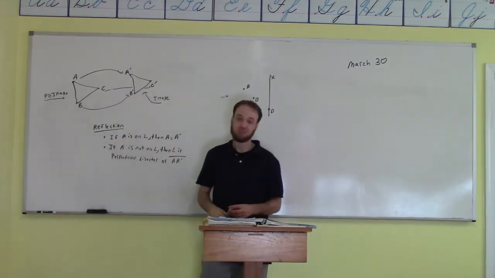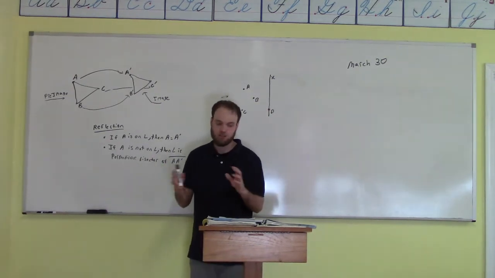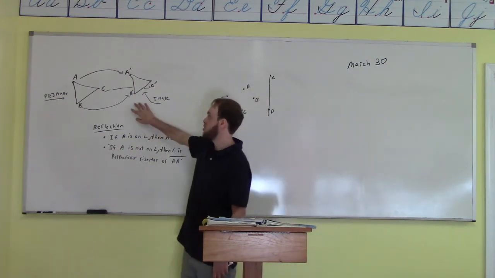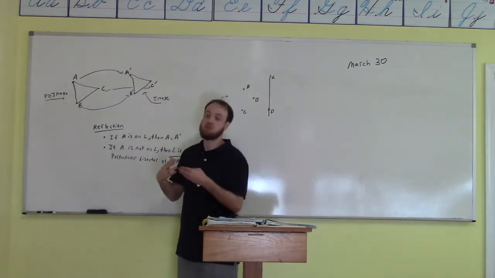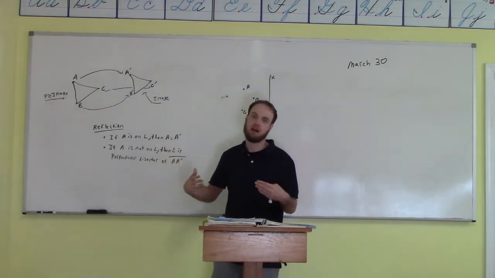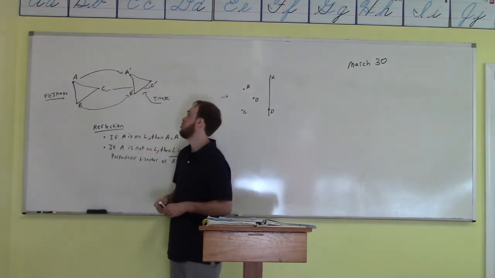That's essentially the big idea for the next few sections, moving the different figures. It's very important to understand that when you take ABC and move it, it becomes A prime, B prime, and C prime, but they're really the same triangle, congruent triangles.